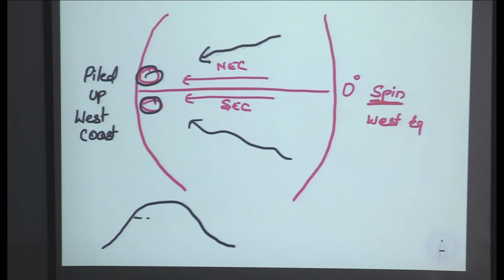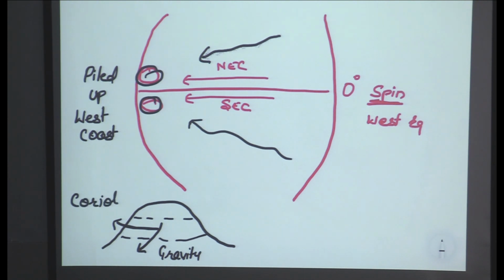And in this water mound, because of gravity, so this is gravity, and Coriolis effect. Northern hemisphere, it is always on its right. It will develop a boundary current.